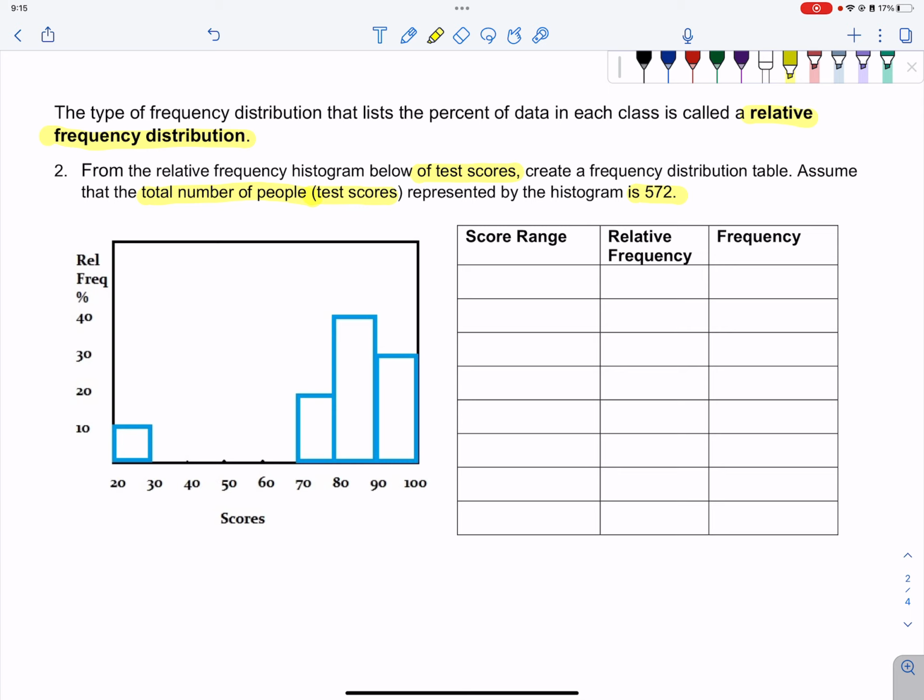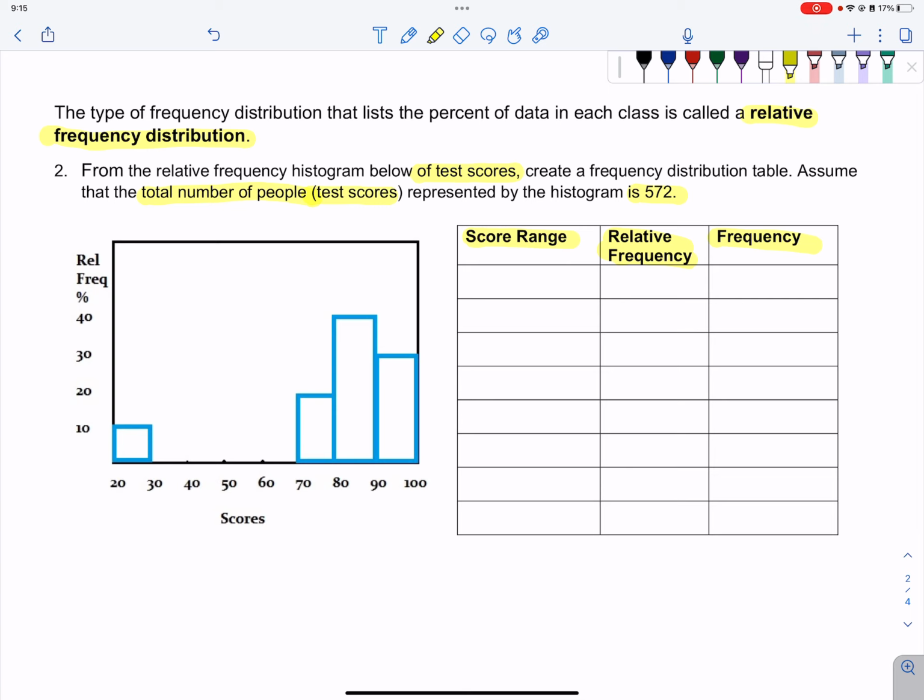And now I want to use this to create the frequency distribution table over here on the right. So that means I need to figure out what the score ranges are that they used, the relative frequency, and then we can calculate the frequency from that.